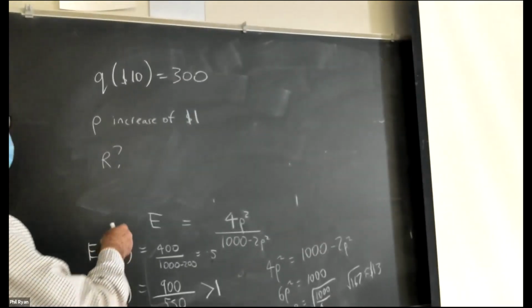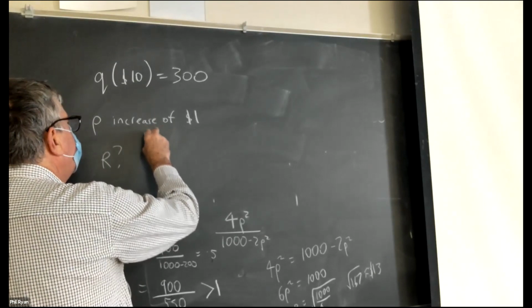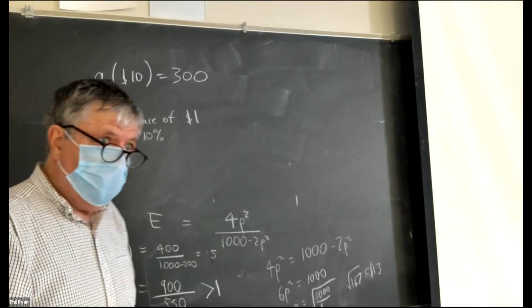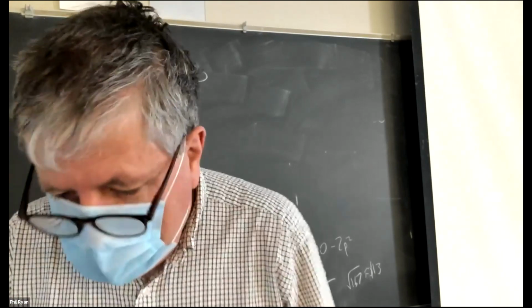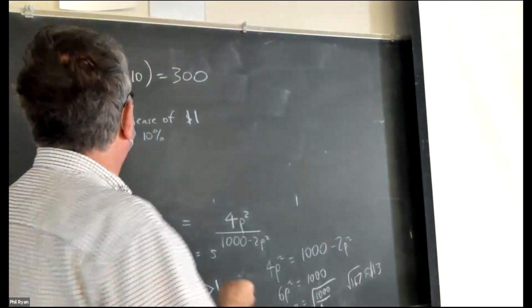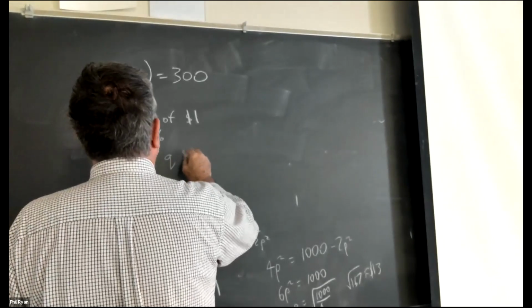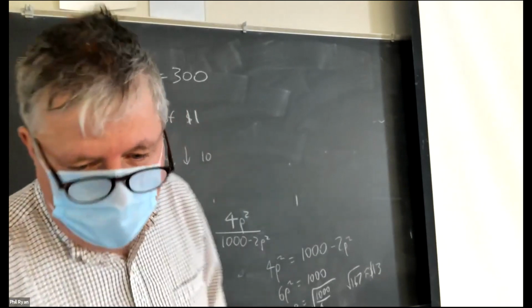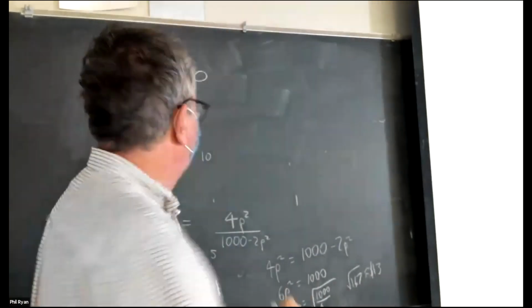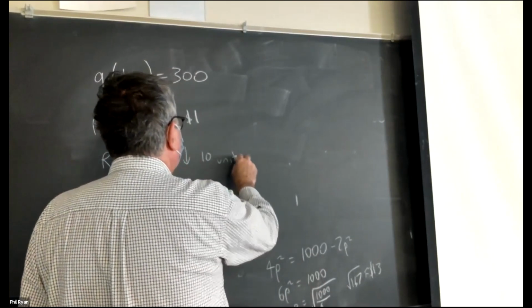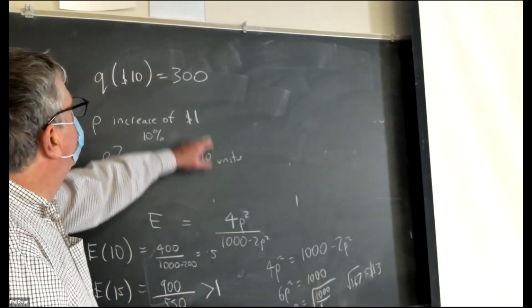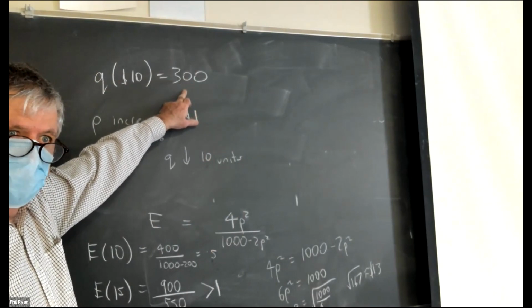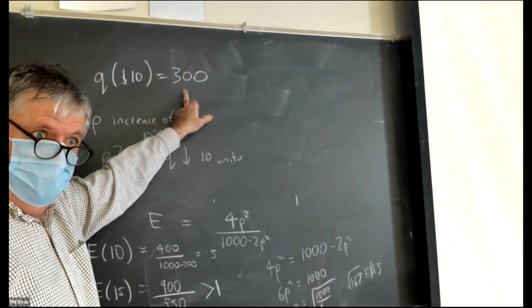Okay, well, a price increase of $1 is a 10% increase in the price. Let's say we're dealing with a good where the quantity goes down, say, 10 units. What's going to happen? Well, 10 divided by 300 is around 3%.